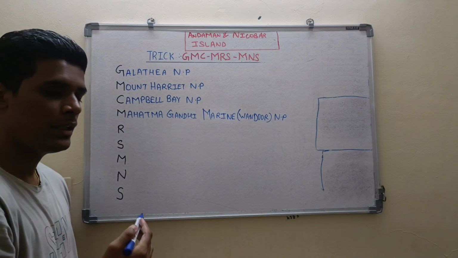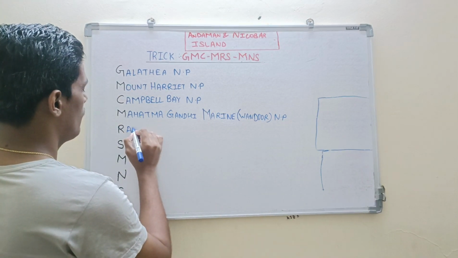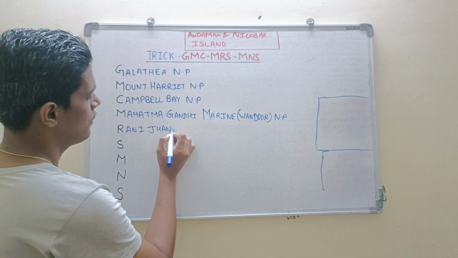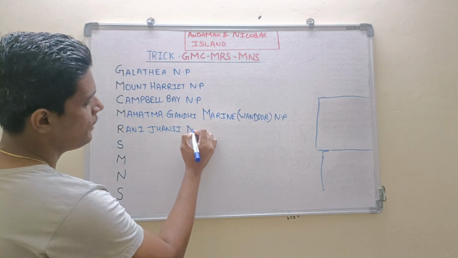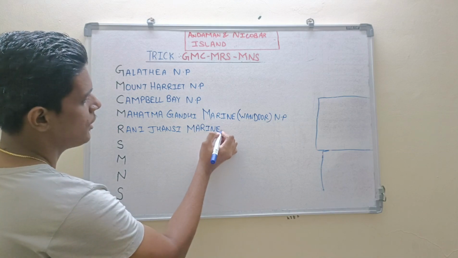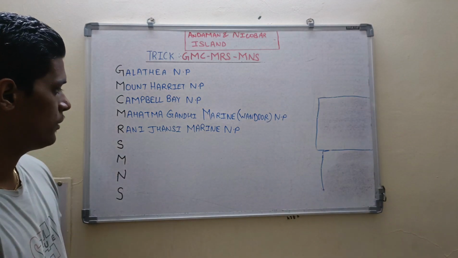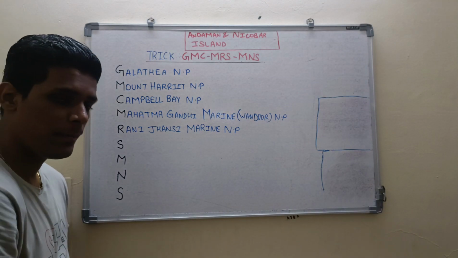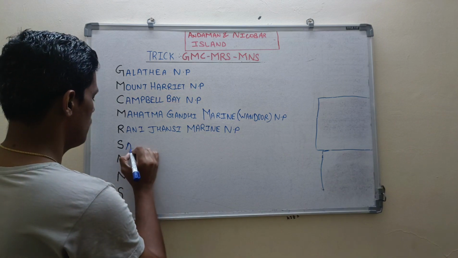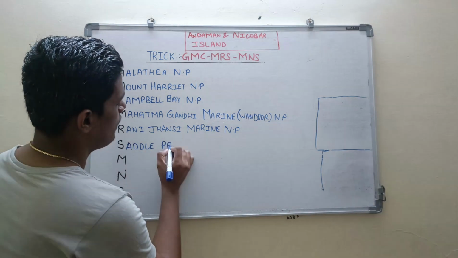R stands for Rani Jhansi Marine National Park. And what does S stand for here? It stands for Saddle Peak National Park.